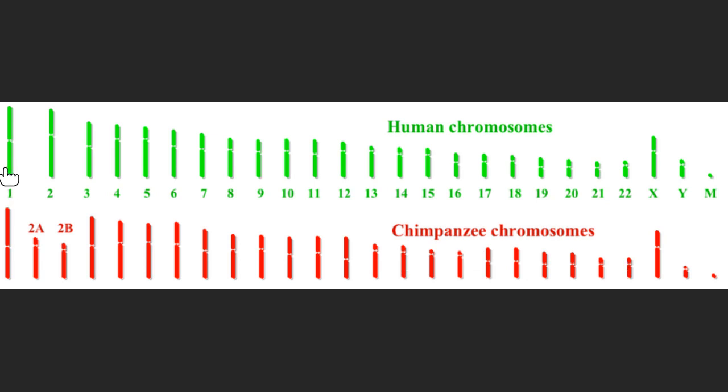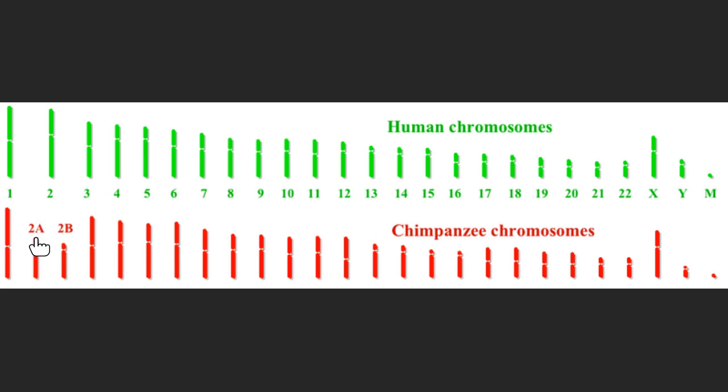And both human and chimpanzee have chromosome 1. But where we find a big difference is with chromosome 2. In chromosome 2, for the great apes, this includes chimpanzees, gorillas, and orangutans, they actually have 2 chromosomes here.